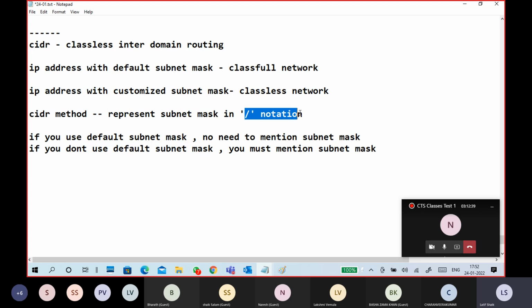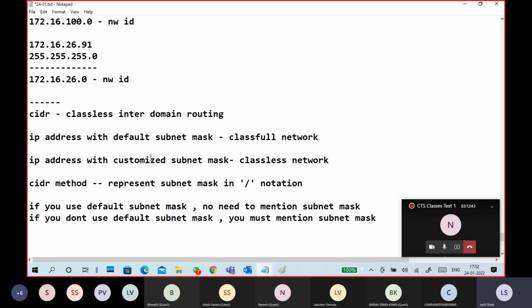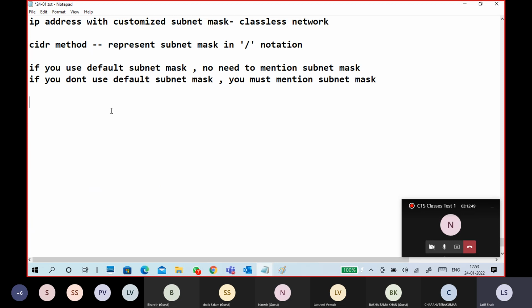Slash notation is usually used for a classless network. Instead of writing the full subnet mask, you can write it in slash notation. Guys, look here. This is 255.0.0.0.